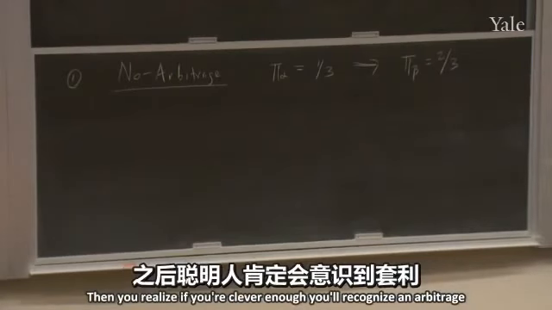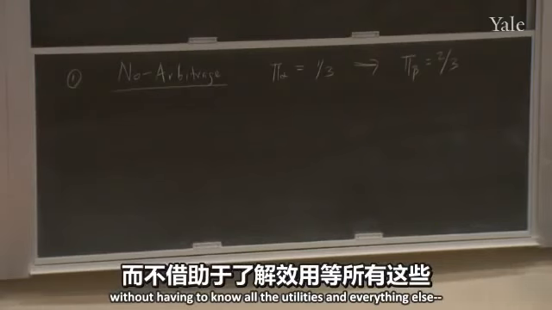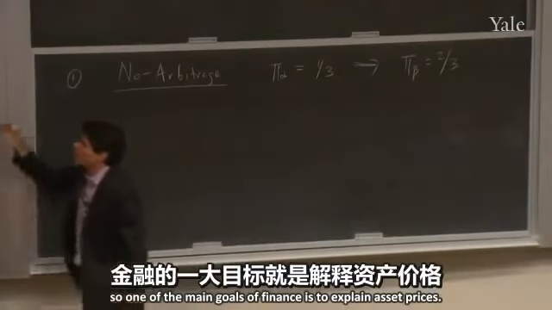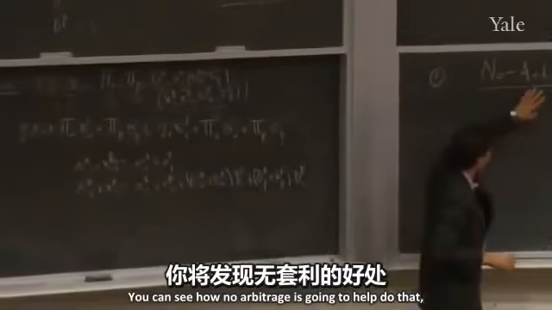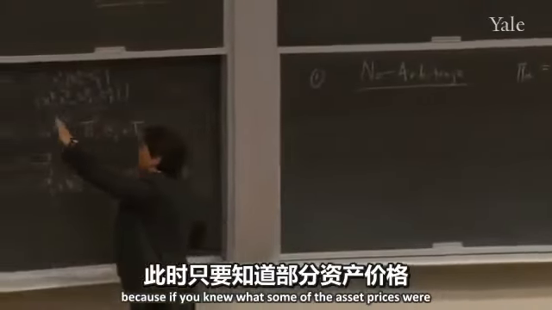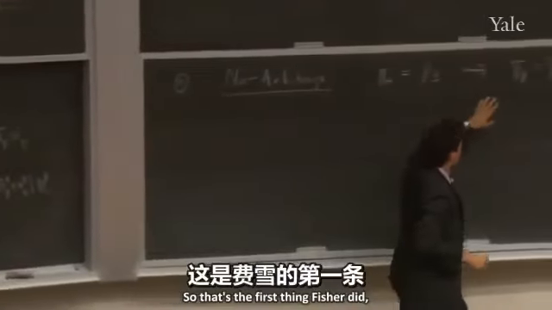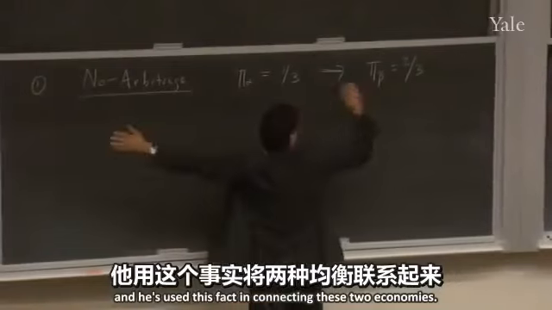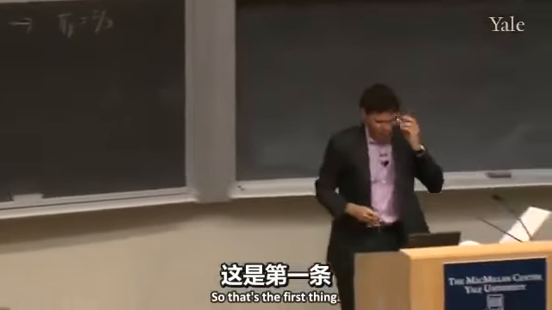Then you realize if you're clever enough, you'll recognize an arbitrage and be able to figure out all the prices without having to know all the utilities and everything else. Okay, so one of the main goals of finance is to explain asset prices. You can see how no arbitrage is going to help do that, because if you knew what some of the asset prices were, you could deduce what the rest might be. Okay, so that's the first thing Fisher did, and he's used this fact in connecting these two economies.